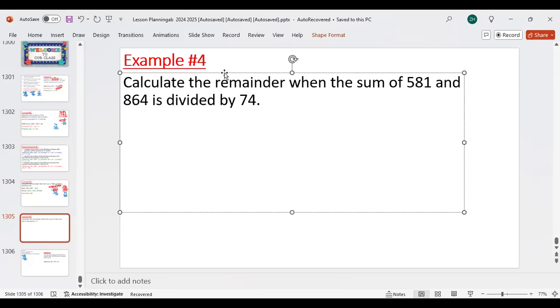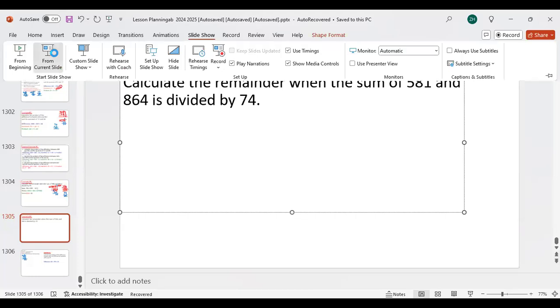Okay, good. Calculate the remainder when the sum of 581 and 864 is divided by 74.